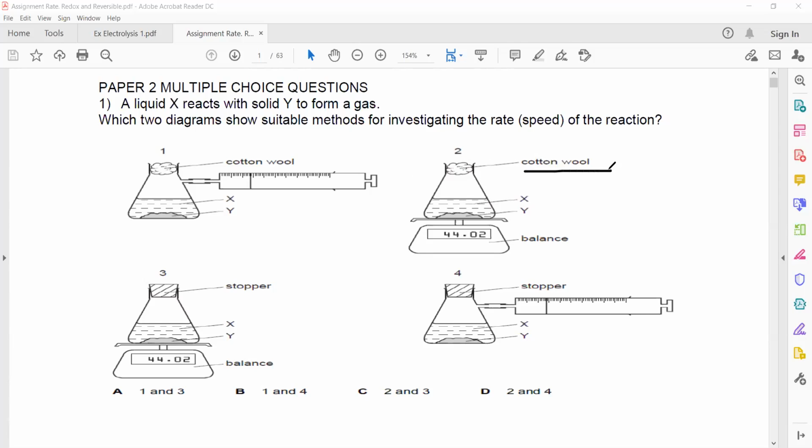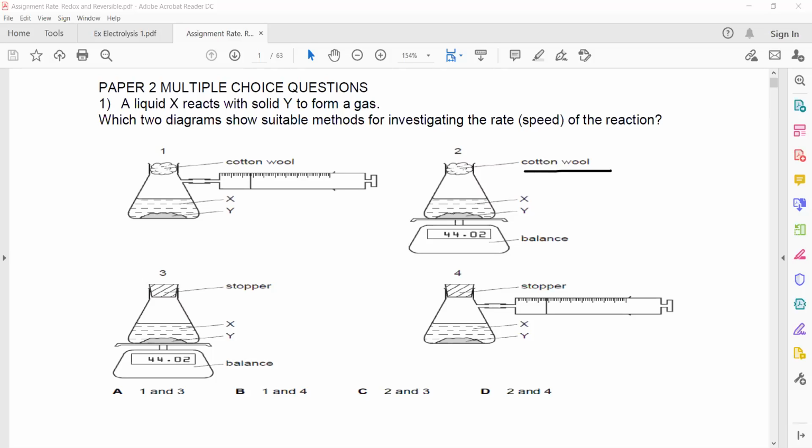So if they ask, give a reason why a cotton wool is used, why the flask is not completely open, the cotton wool will not allow the content of the flask to escape. This is for safety as well as for experimental accuracy.